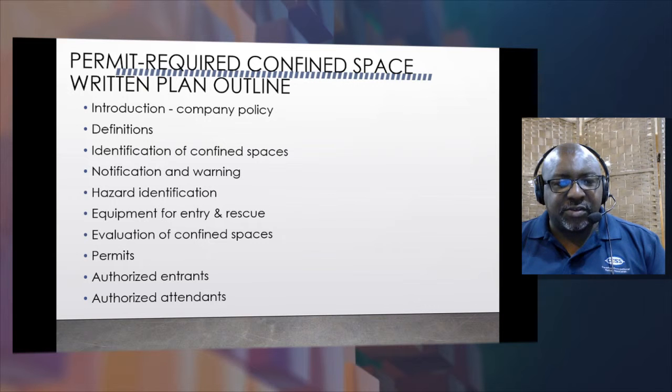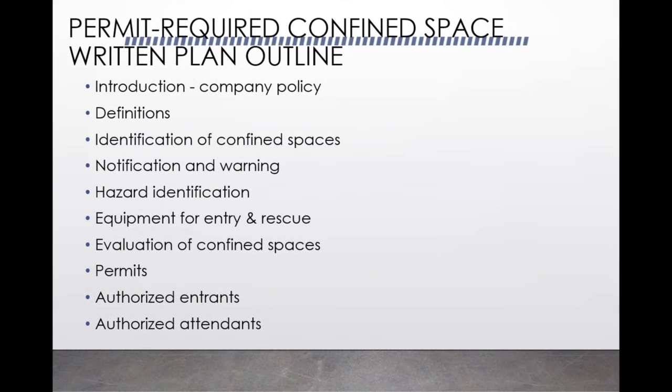Do your definitions, identify the confined spaces, notification and warnings, placing that signage where it should be, especially after you said, all right, this is a permit required confined space. In general industry and maritime, you're going to post a sign, and the sign's going to let everyone else know and be aware that, yes, this is the location.